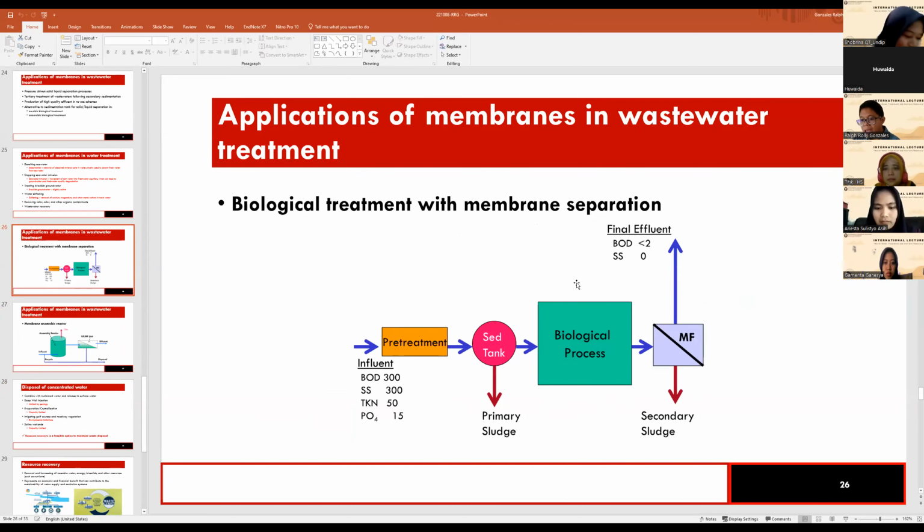What I mentioned in that slide is that this sedimentation tank can be replaced by a membrane process. In terms of the biological process, anaerobic and aerobic processes are very similar.